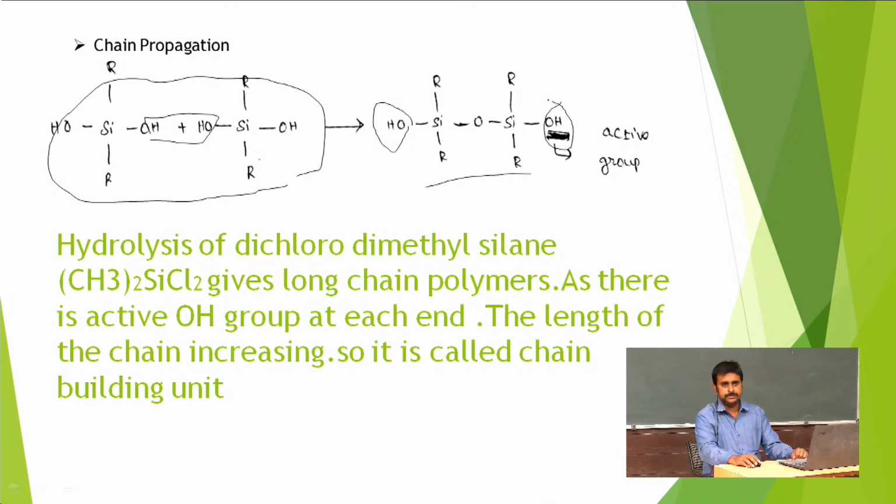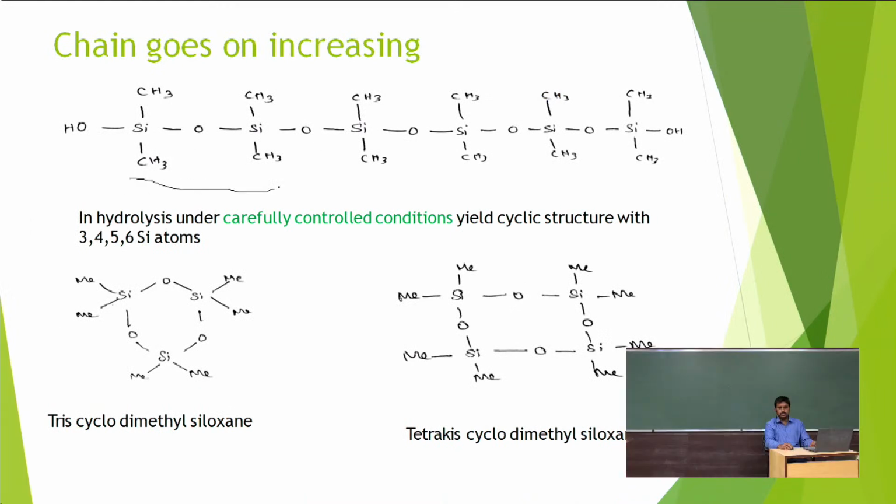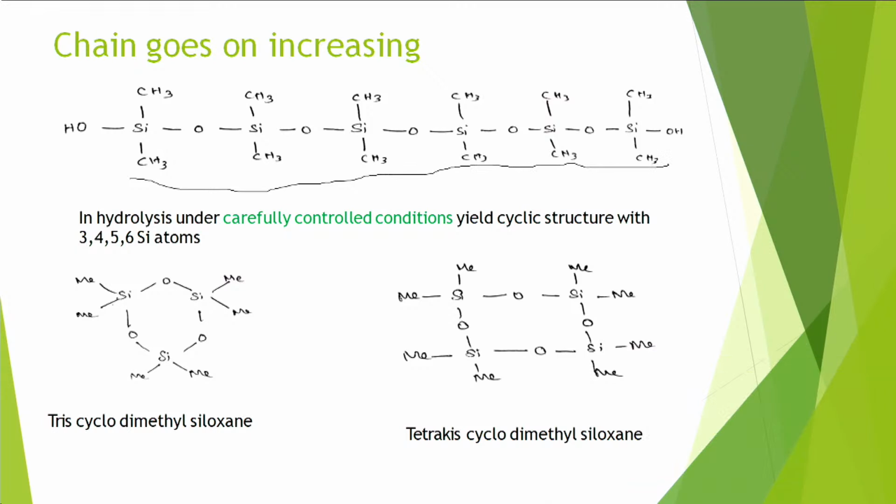For example, in this chain we have only two monomers or two silicons. We can increase it as long as we have an active group available on each side. Now we have increased it to a higher range by slow and carefully controlled conditions.